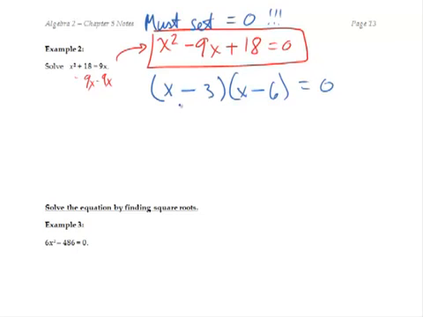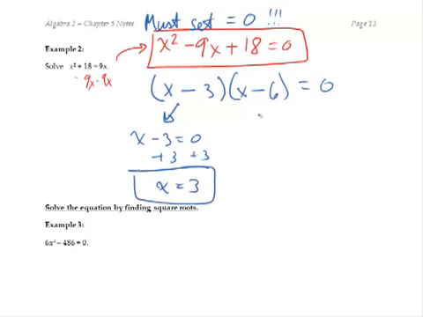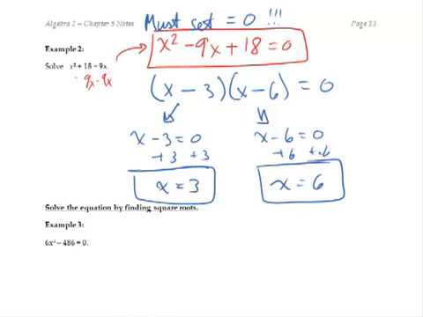Now to solve it, again, we're going to say, what if this piece was equal to 0? 0 times something would equal 0. The value of x is 3. What if it was this piece that was equal to 0? The value of x is positive 6. So these are our two answers.